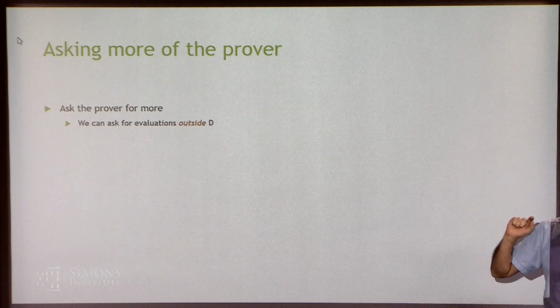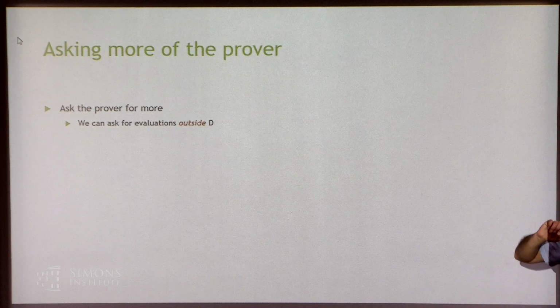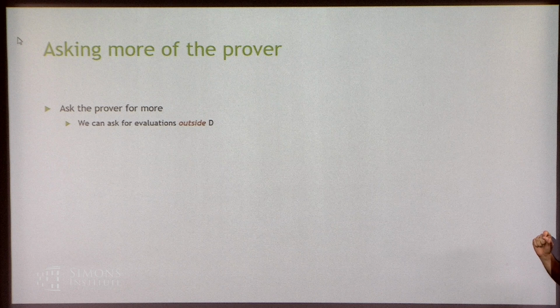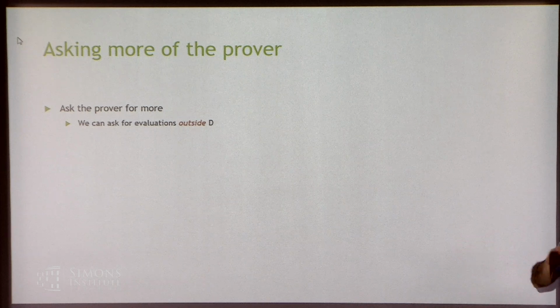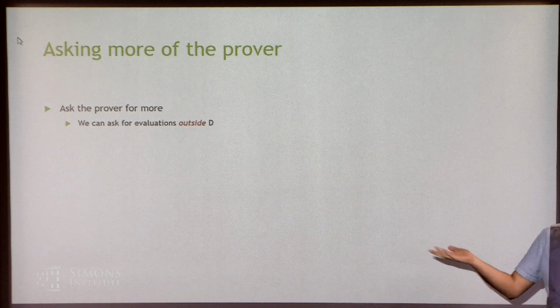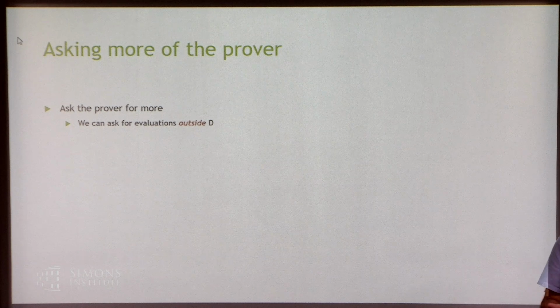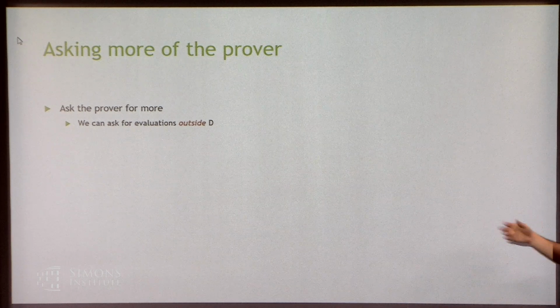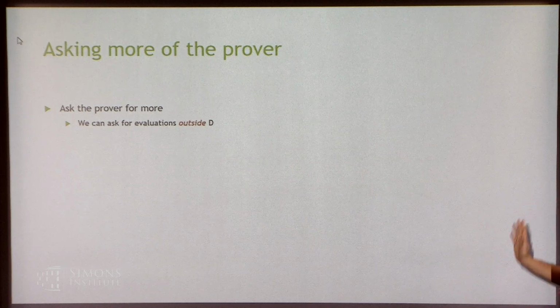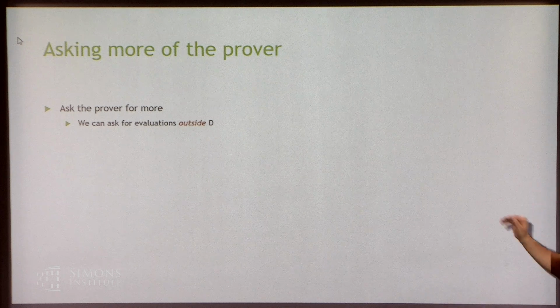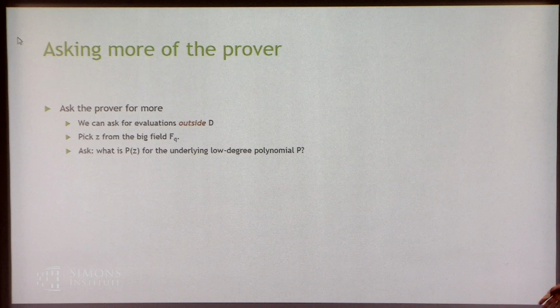Tell me the evaluation of it at this other point, which is outside D. The verifier has no way of checking that, because that involves a linear combination of rho n different evaluations from the domain. But we can take it and take that into account, and carry on with the protocol. So you just ask for a little extra information and take it into account.